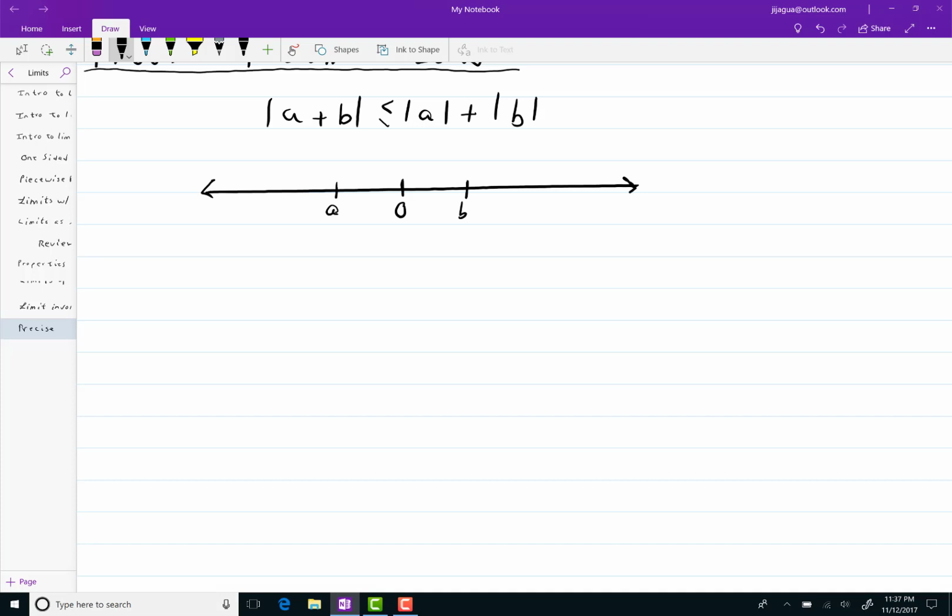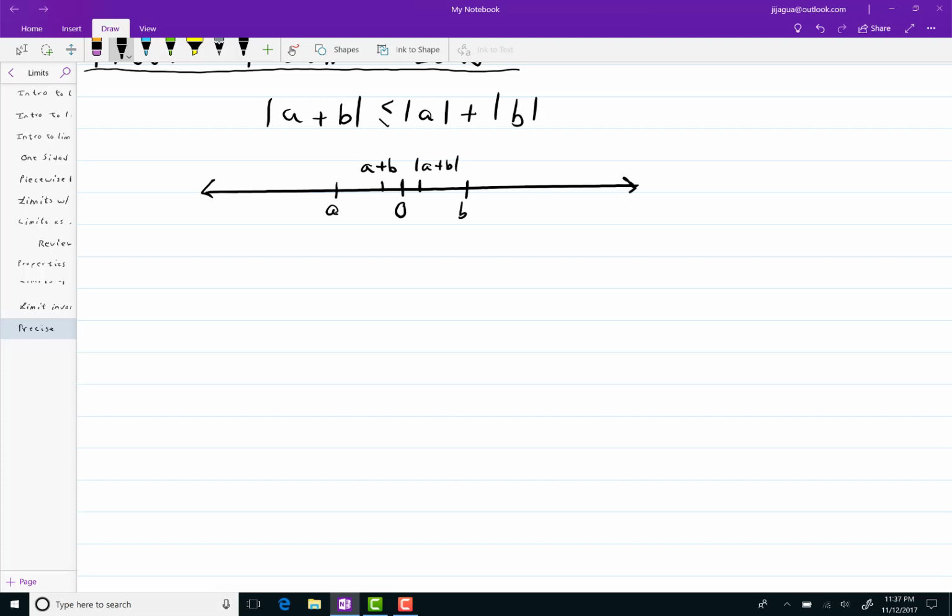So if a is negative and b is positive, then a plus b is somewhere between a and b. Okay, so let's say we're here. Say a plus b were there. Then on the opposite side of 0, you'd have the absolute value of a plus b.